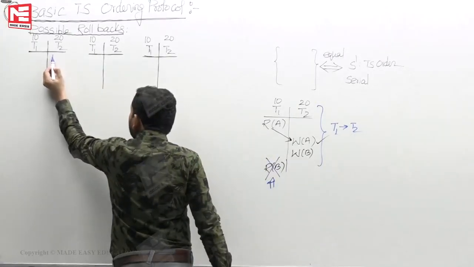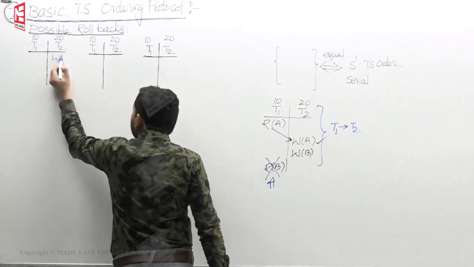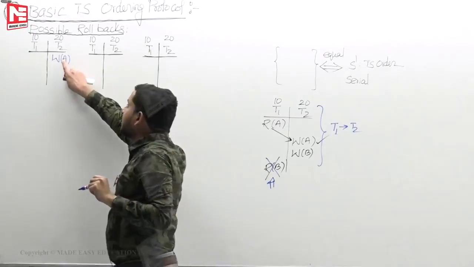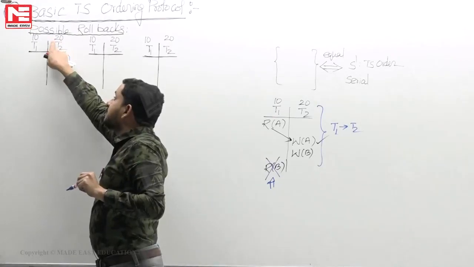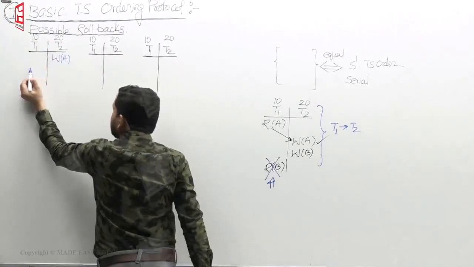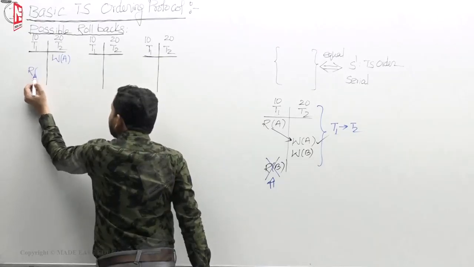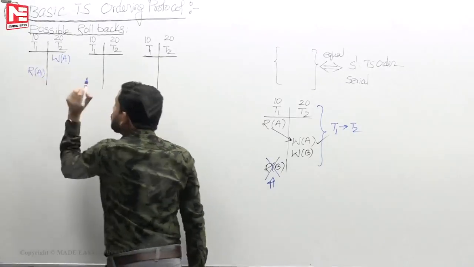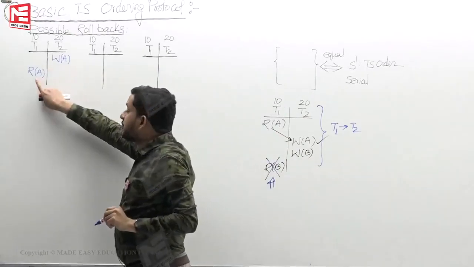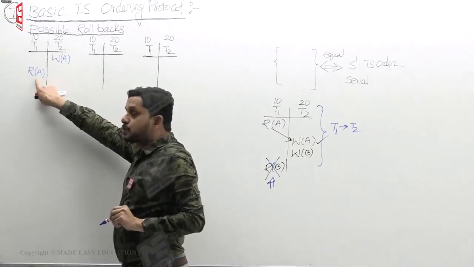Assume T2 has already done the write of A. T2's timestamp is 20, T1's is 10. After the T2 write operation, if T1 requests a read, this should not be allowed.